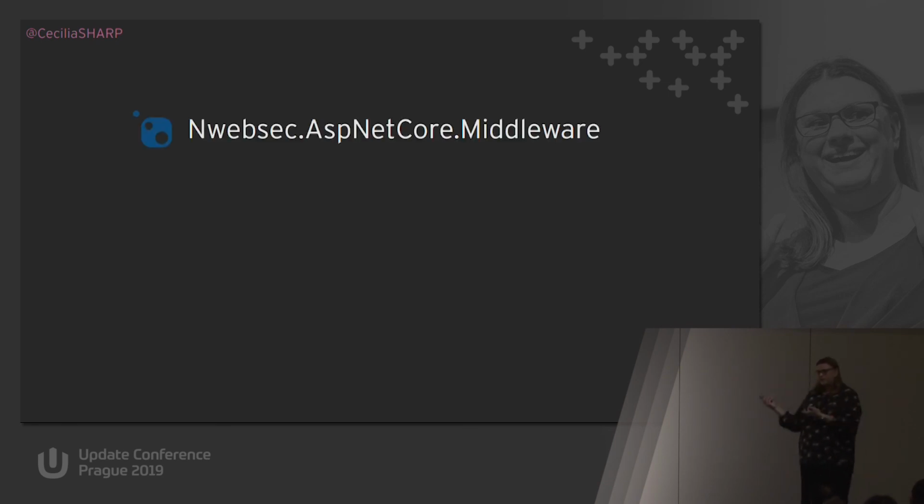I just want to go back to ASP.NET Core, because I said that you can add it in your middle tier, and I showed you how you can do it natively in ASP.NET Core. But you could also add some kind of middleware library to make it easier. You could basically search for middleware headers or middleware secured headers, and I would recommend you to start looking at this.